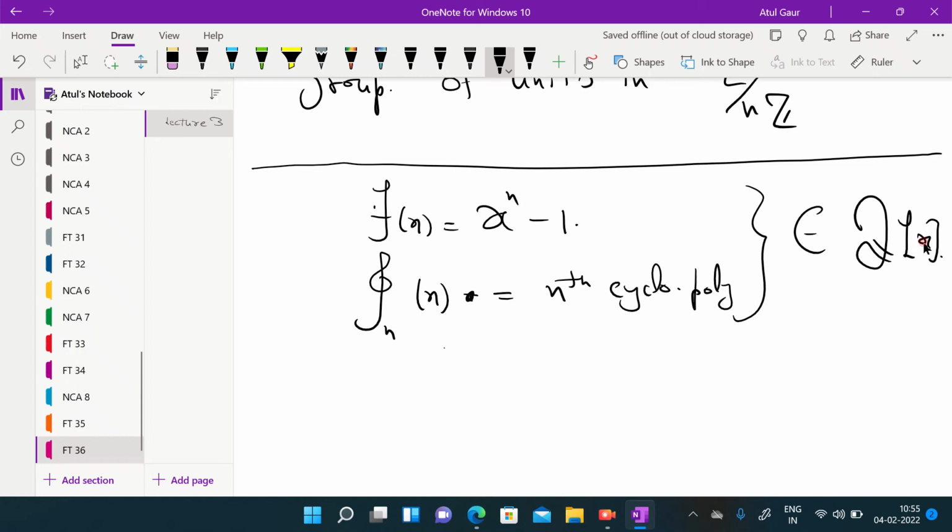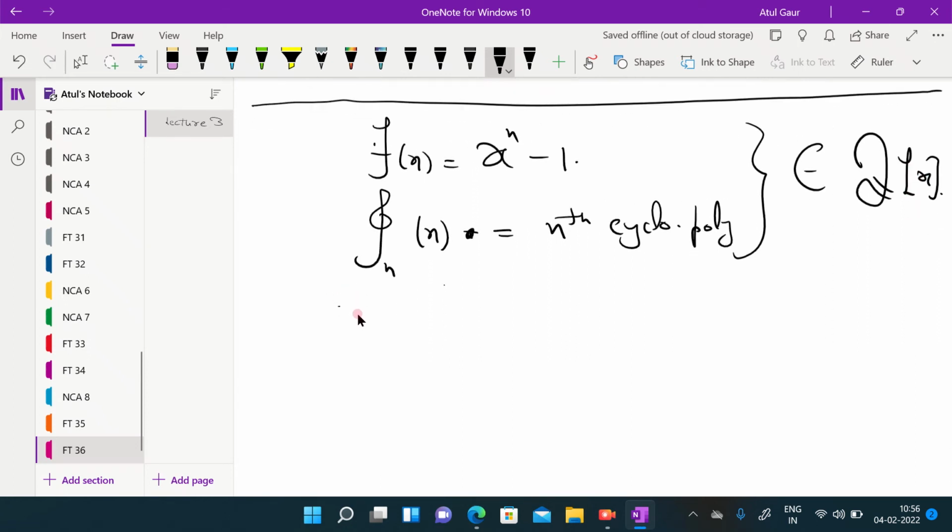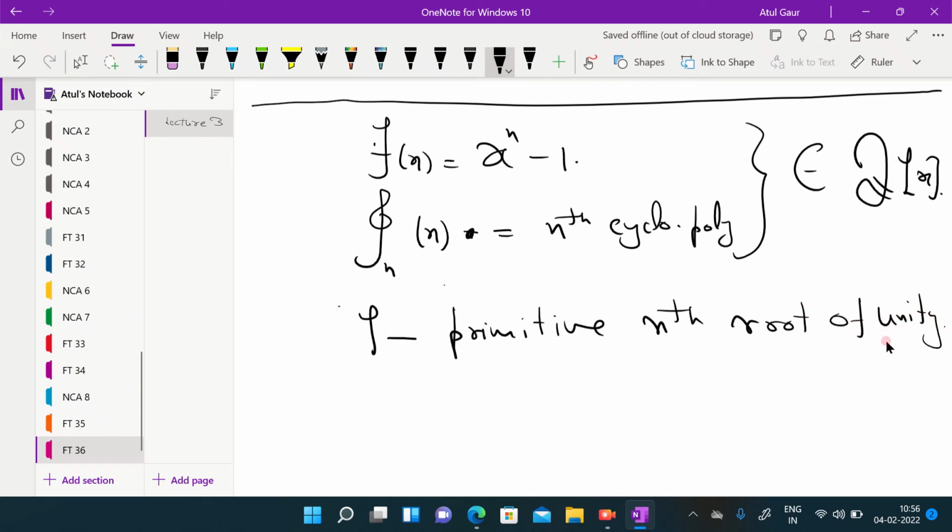That means you are looking for an extension of Q which contains all the roots of fx, and similarly an extension of Q which contains all the roots of phi n x. Is that fine? So the point is, if rho is a primitive nth root of unity, once you have it, you will get all the roots of fx.